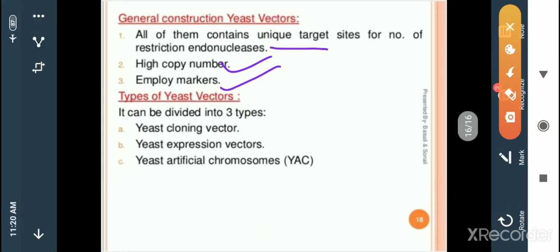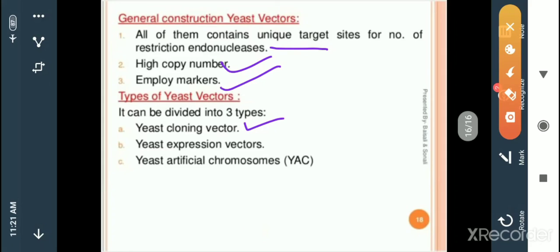Okay, the types of yeast vectors. They can be divided into three types: yeast cloning vectors, yeast expression vectors, and yeast artificial chromosome, or in short form the YAC vector. Yeast cloning vector: as we know, vectors act in two ways. One is the cloning purpose, in the sense of making Xerox copies.